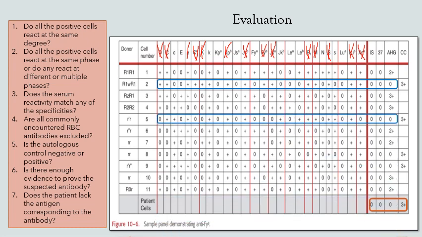In cell number 5, we could exclude C, already excluded. We will not exclude the small c because it shows dosage.